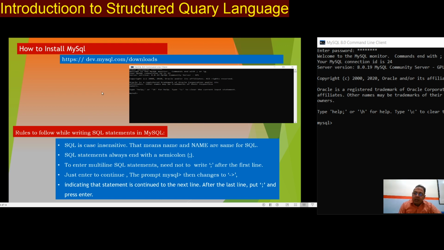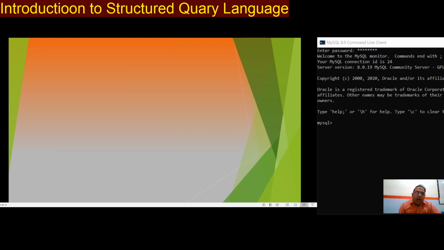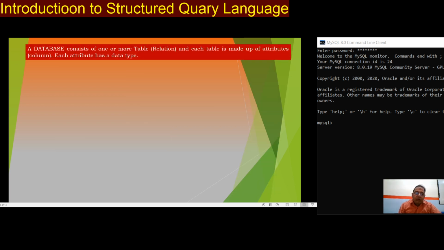To enter a multi-line SQL statement, you need not write a semicolon after the first line. Just press enter to continue. The prompt mysql then changes to an arrow, indicating that the statement is continued on the next line. After the last line, put a semicolon and press enter.